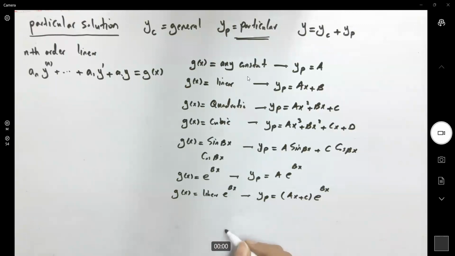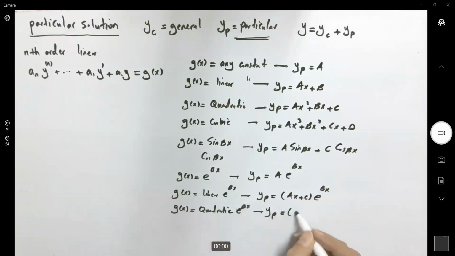Of course, if it's in the form of a quadratic times e to the bx, then y_p is equal to a quadratic expression, for example, Ax squared plus Cx plus D, times e to the power bx.